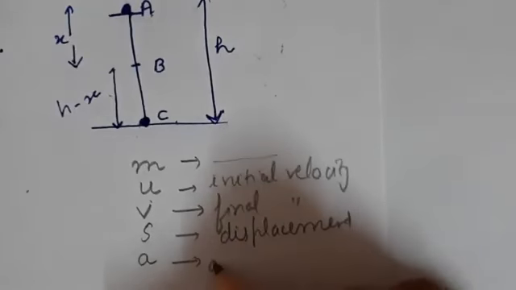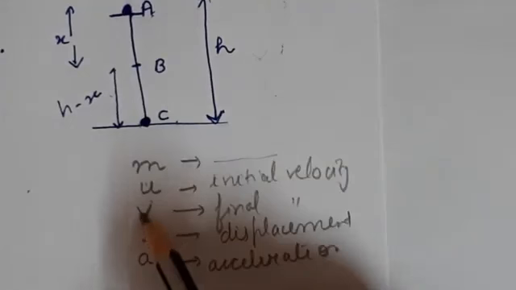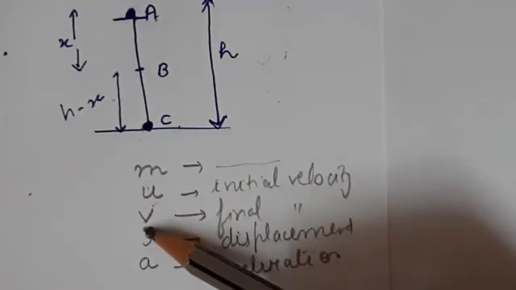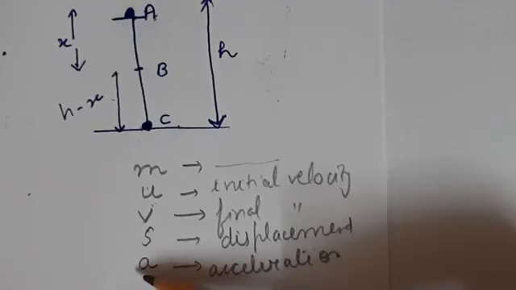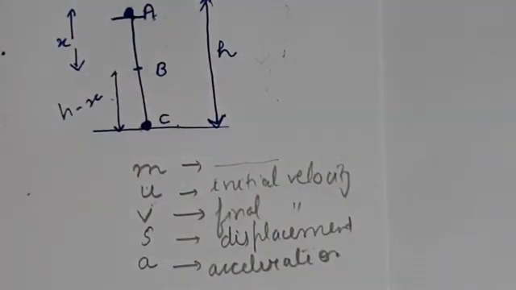A is the acceleration. Why acceleration? Because there is initial velocity and final velocity, so obviously there is a change in velocity. And what is change in velocity? That is basically acceleration, the rate of change of velocity. So we have to assume these things: M, U, V, S and A.